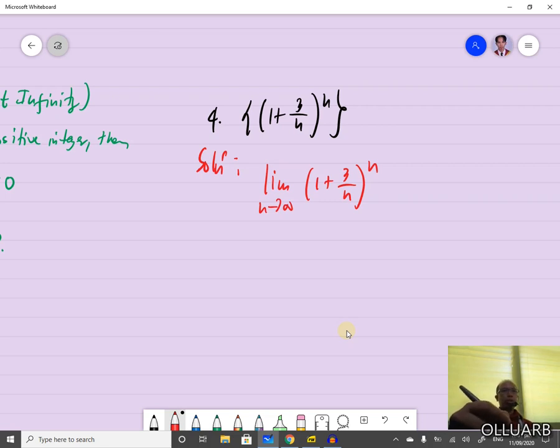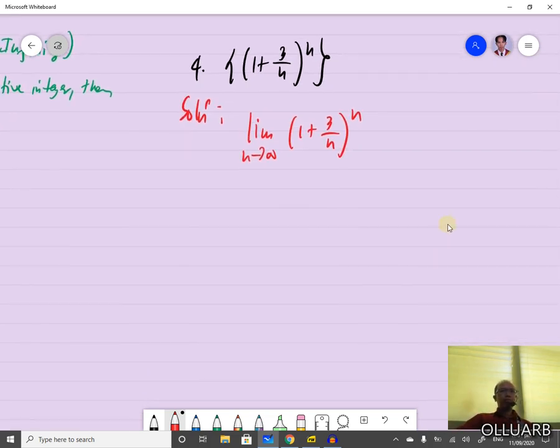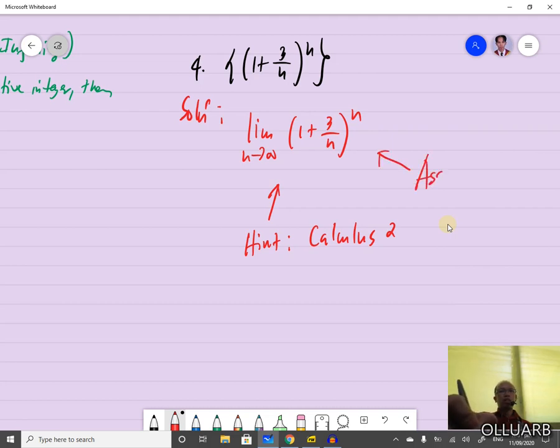So how are we going to solve this? I guess I'm going to give a hint. This is in calculus 2. Okay, this is your assignment. I will not solve this one.